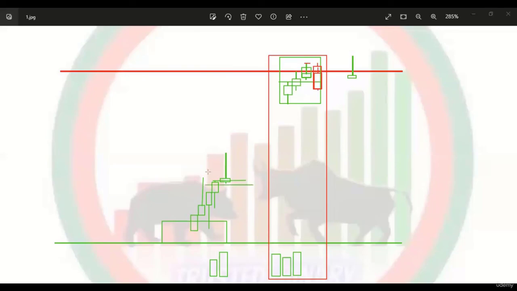Suppose the market got rejected from here and volume is low or volume is high. What will the situation be? And at the last stage of the market, when volume is low or volume is high, what type of situation is the market creating?